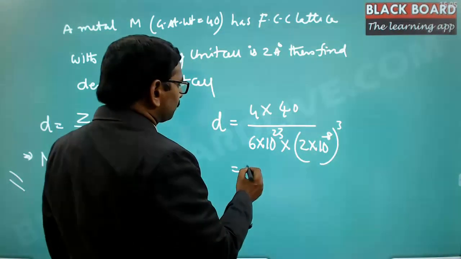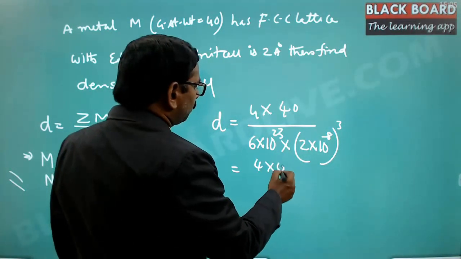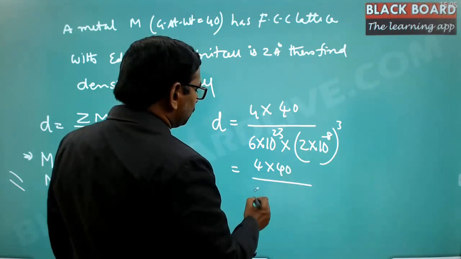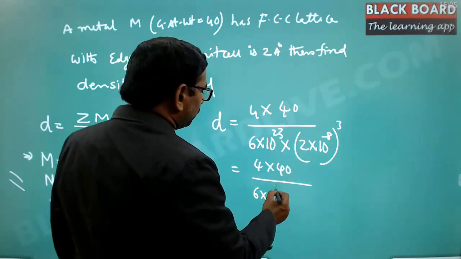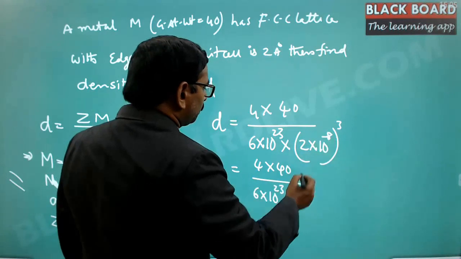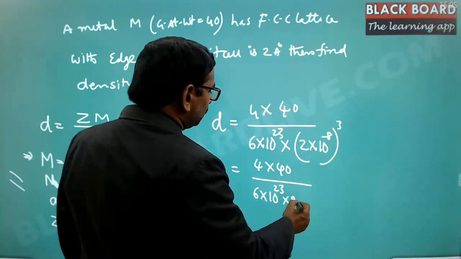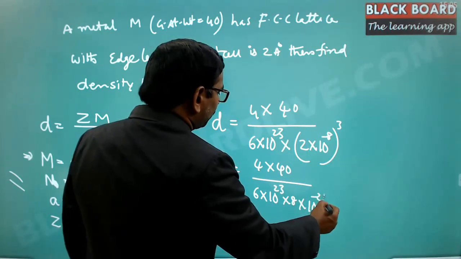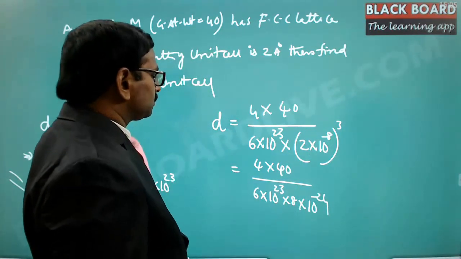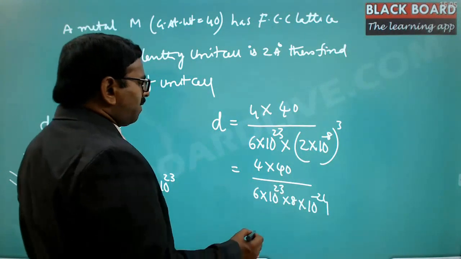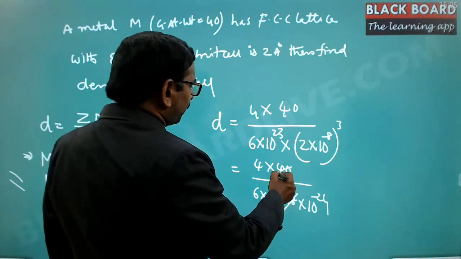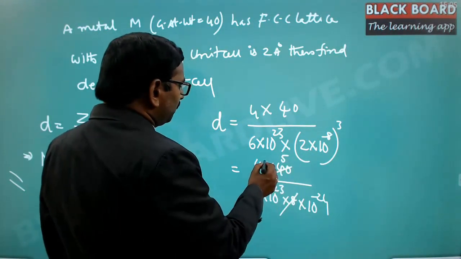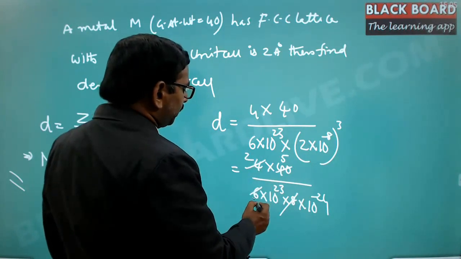By expanding, 2 cube is equal to 8, and 10 power minus 8 whole cube is equal to 10 power minus 24. 8 will be cancelled, 5 times here; 2 will be cancelled by 2 times, here 3 times.